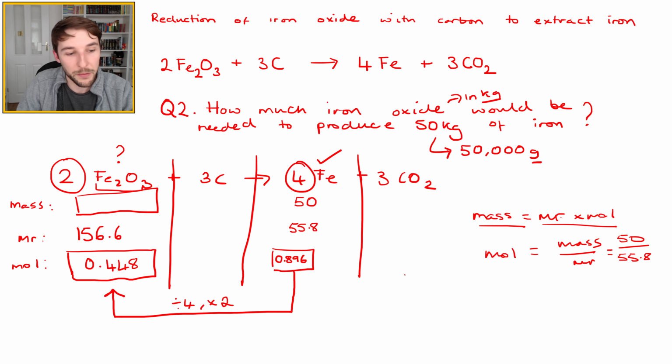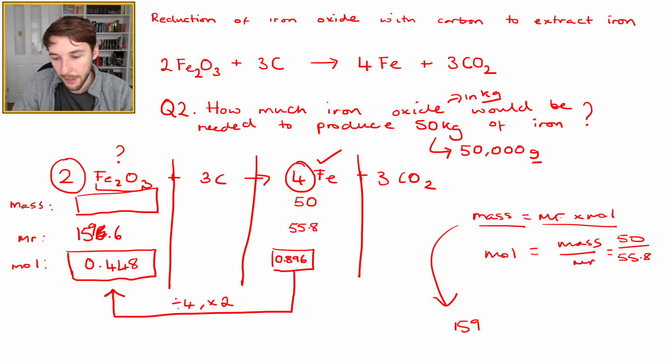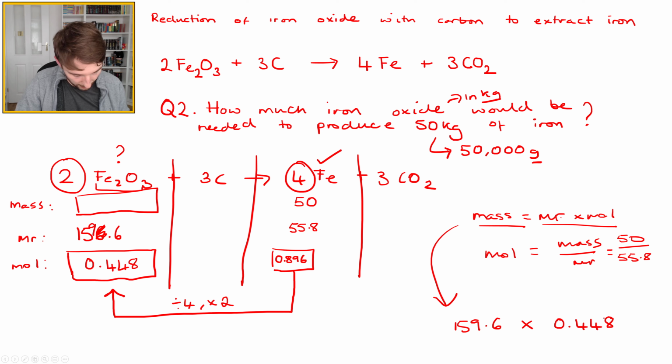So now what we've got to do in order to calculate the mass is use this original rearrangement of the equation here. So I'm going to do MR times mole, so I'll just show that round here. 150, oh sorry, that should be 159.6, shouldn't it? Apologies. So it's going to be 159.6 multiplied by 0.448, and let's do that now.